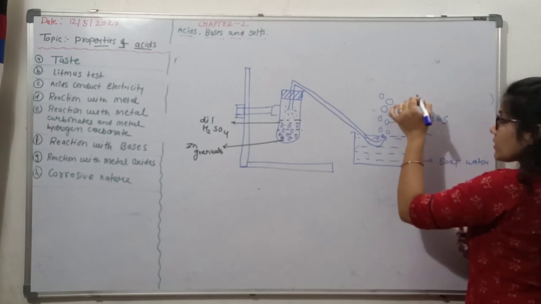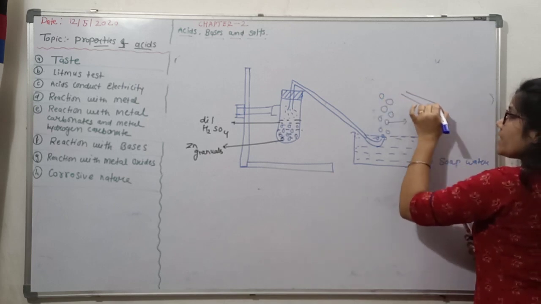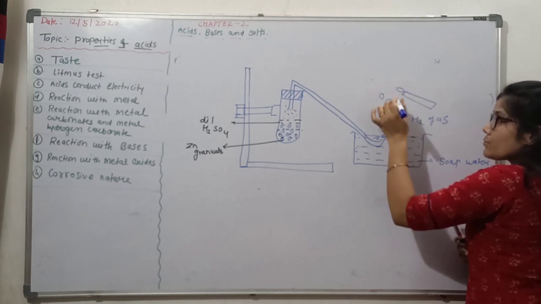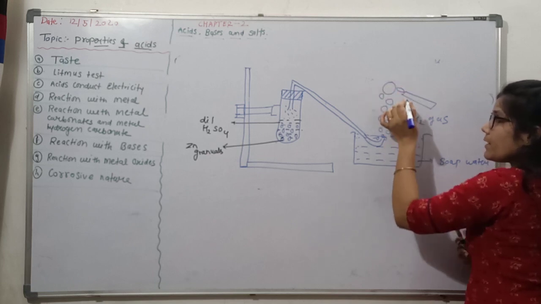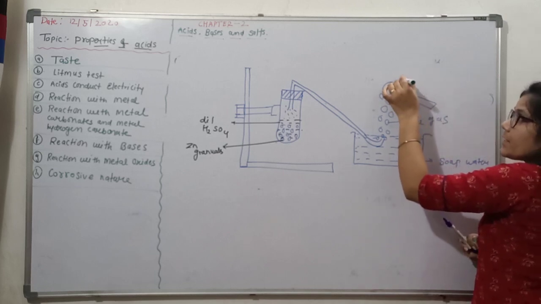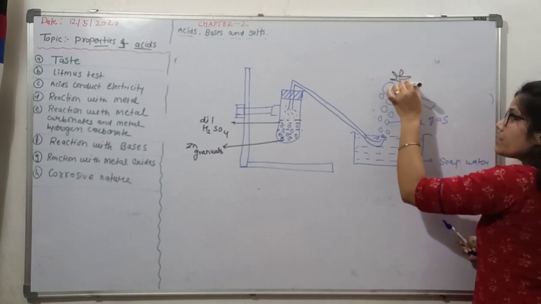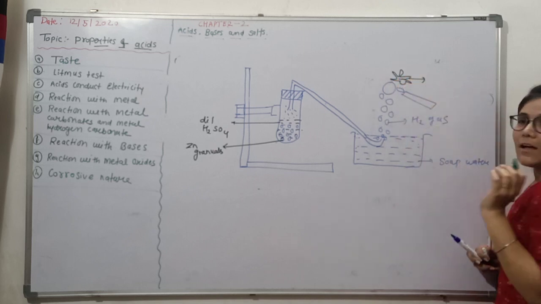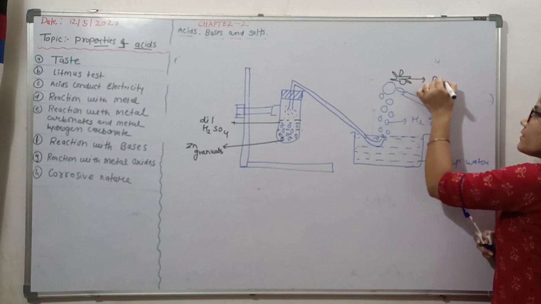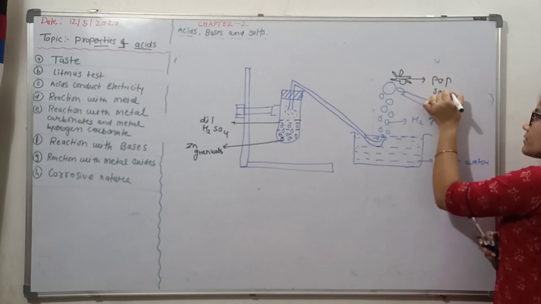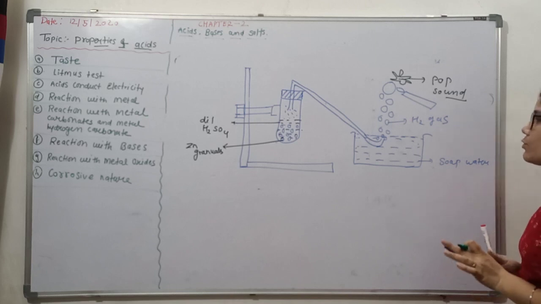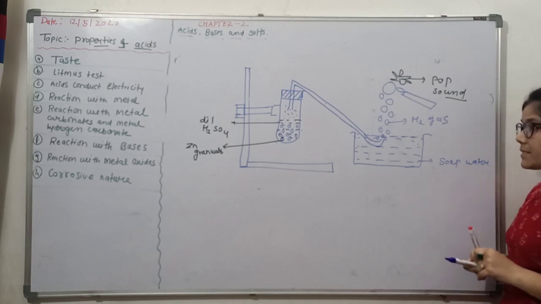Now, if we bring a burning candle over here, we observe that the bubbles which collide with fire produce a little explosion and a pop sound. So we have a pop sound with a small explosion of hydrogen gas.